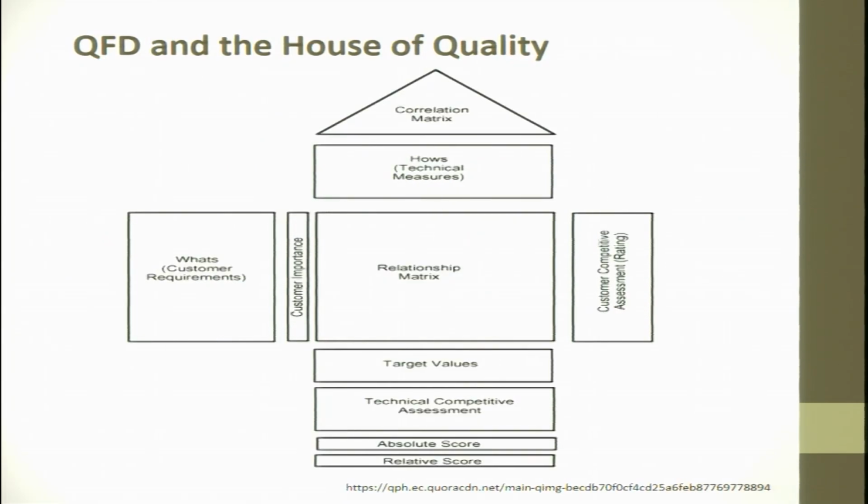This is how the house of quality looks. So what we do is, first we write down all the wants. What does a customer want? That is what the wants are. And then we start seeing how these customer requirements are achieved, how. And for this how, you will have technical measures.